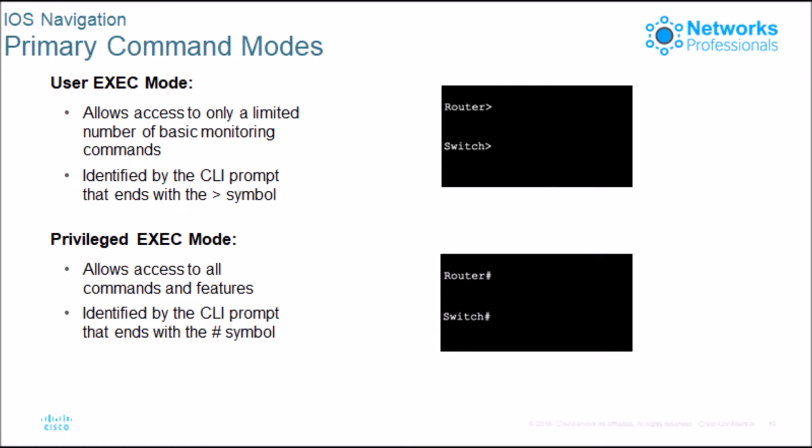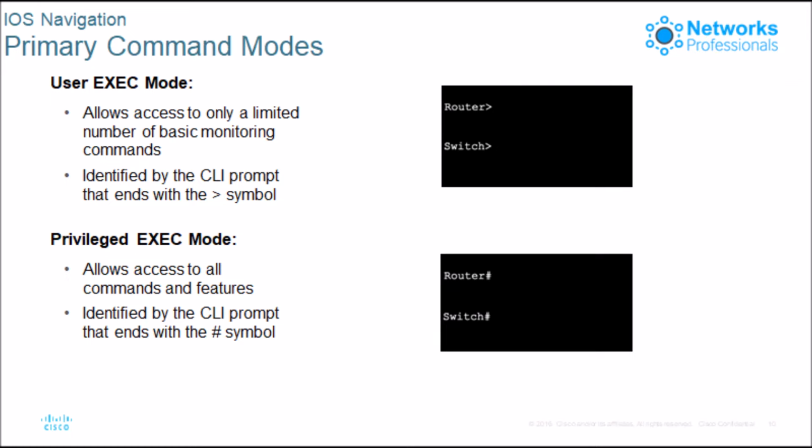It shows only a limited number of basic monitoring commands and does not allow the execution of any commands that might change the configuration of the device. User exec mode is identified by the CLI prompt that ends with the greater than symbol. It is a limited mode.